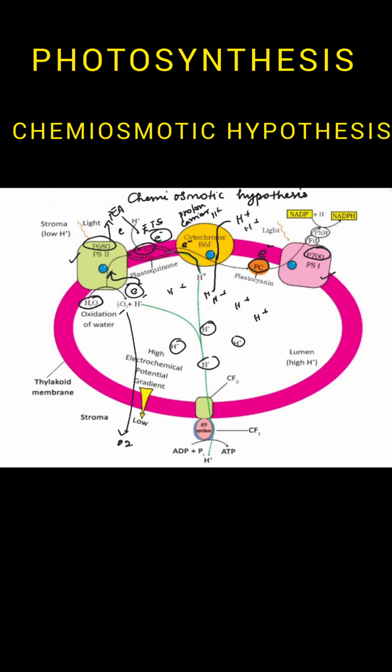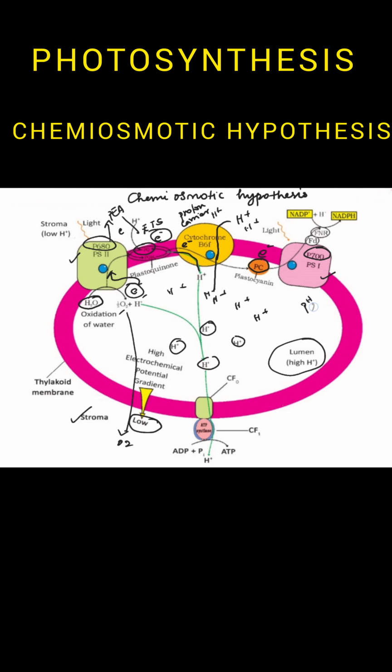Because of this, the proton gradient becomes high inside the lumen of the thylakoid and low in the stroma region. Inside the lumen there is a high electrochemical potential gradient, and outside a low one.